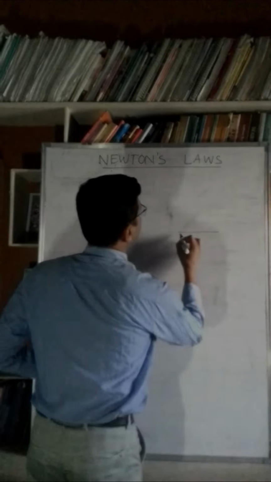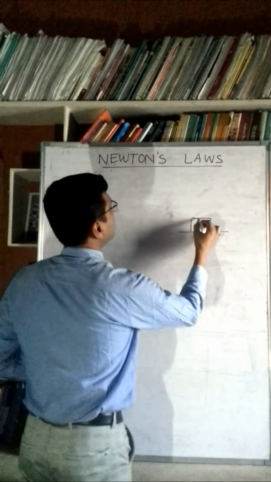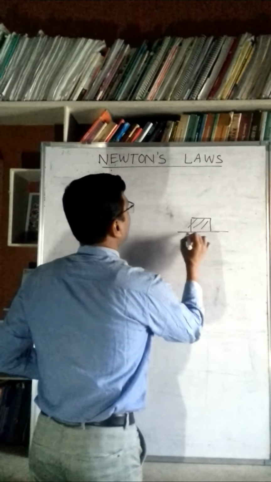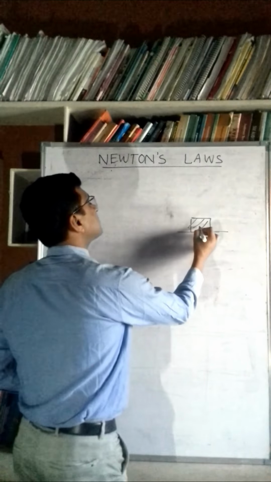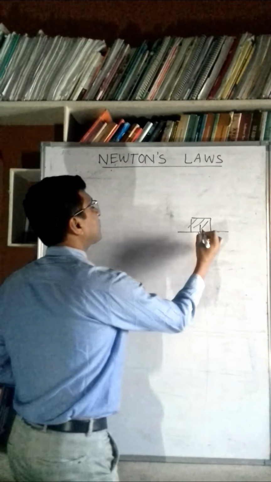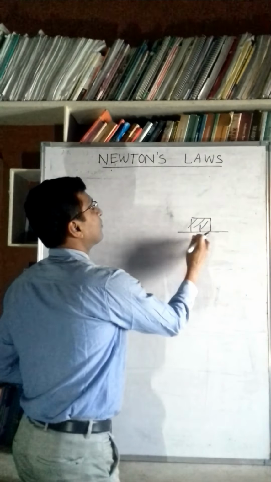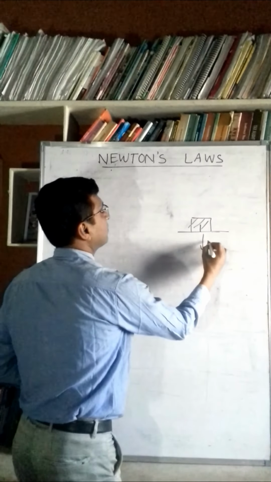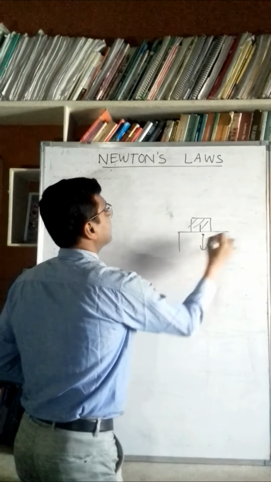For example, say an object is placed on a table. This object exerts a force on the table. This force is applied on the table. This is the action part, and the action is on the table.